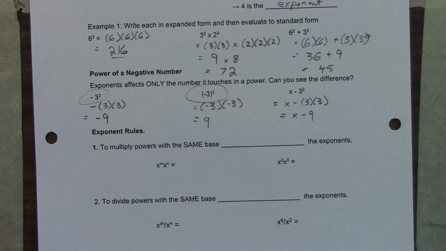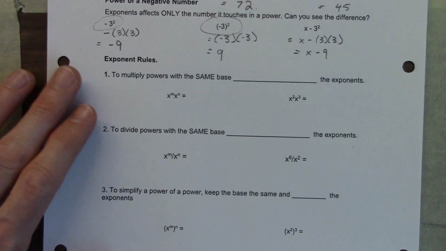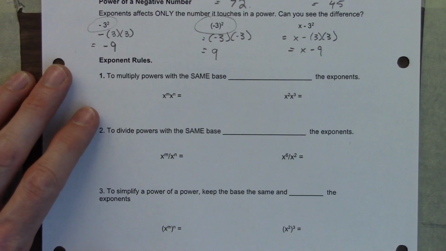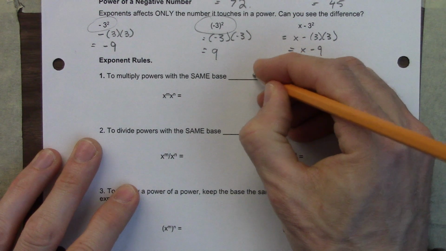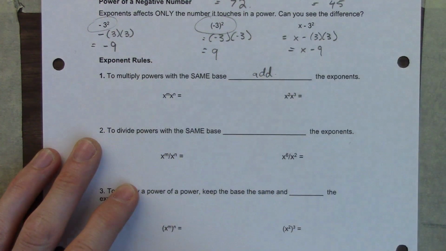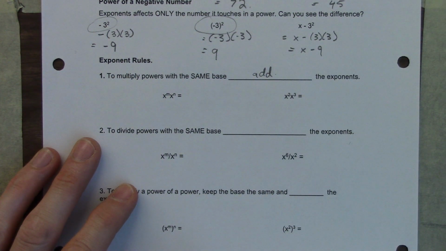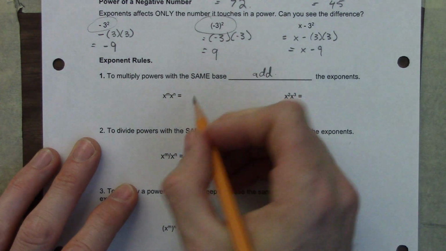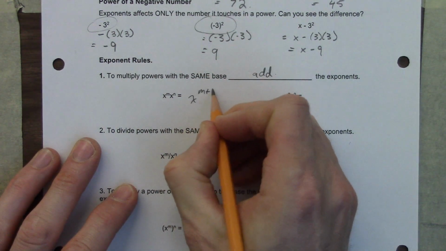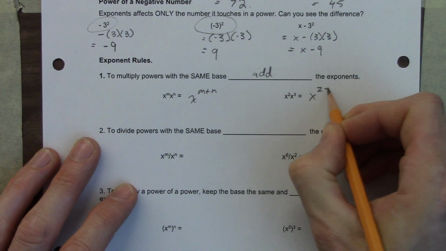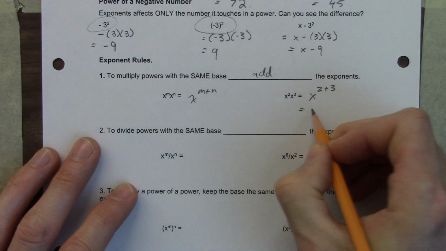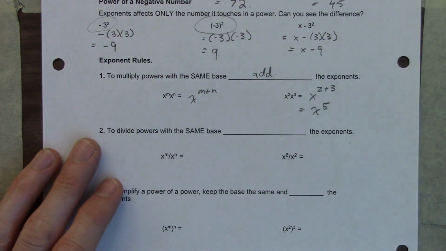All right? Exponent rules now. To multiply powers with the same base, what do you think we do to the exponents? You guys covered this before? Yeah? Did you? Yeah, we add them. Have you guys seen this before? Yeah. Where was this? Grade 9? Yeah, okay, good. m plus n. Here we would have x^2 plus 3 is equal to x to the exponent of 5.